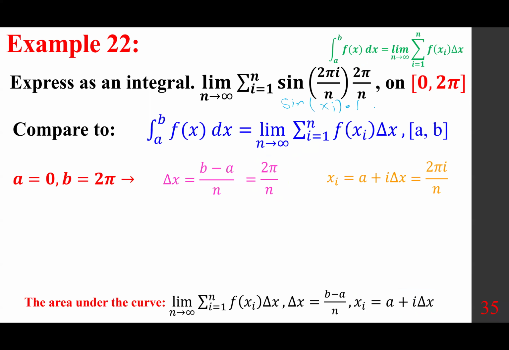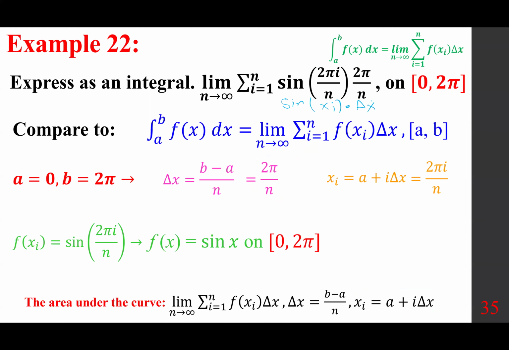This one is delta x. So f of x sub i is sine of 2 pi i over n. So f of x becomes sine x, and the interval is given as 0 to 2 pi. Therefore, this limit is equal to the integral of sine x dx from 0 to 2 pi.